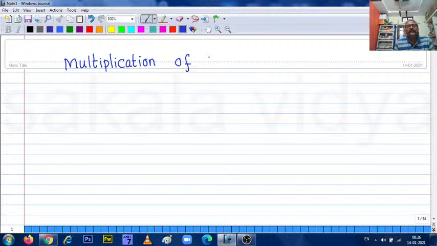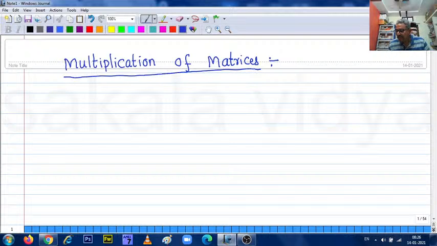Multiplication of matrices. So how do you multiply two matrices? Can we multiply the two matrices directly, or do any conditions need to be satisfied?